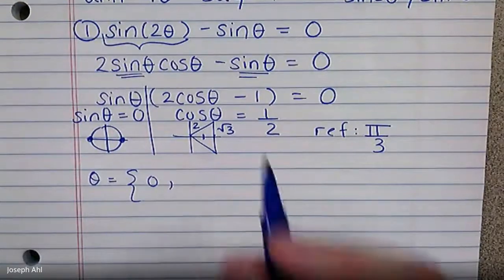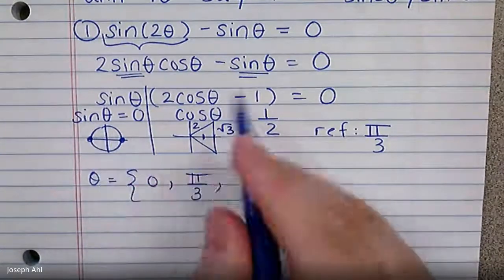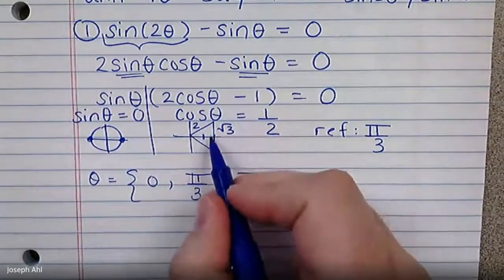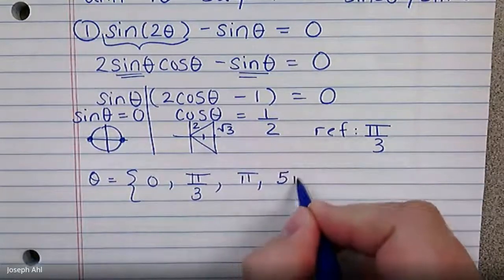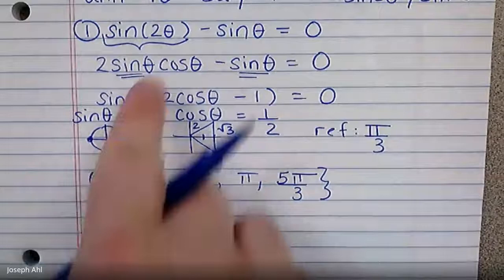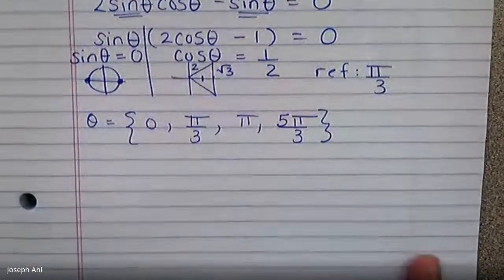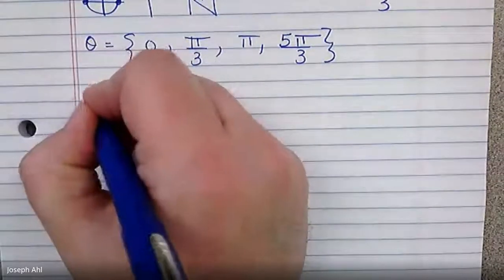And then from there, we're going to list the quadrant 1 answer of pi over 3. This quadrantal at pi. And in quadrant 4, with a reference of pi over 3, the answer is 5 pi over 3. Okay, so double angle substitution, go ahead and sub in, and then look for GCF or other factoring techniques to start to appear.